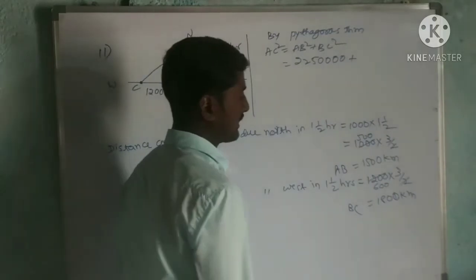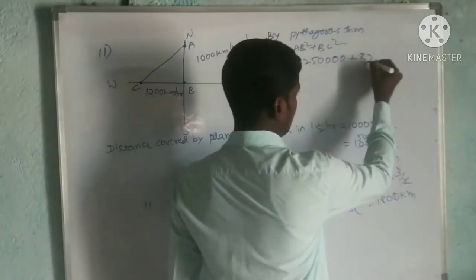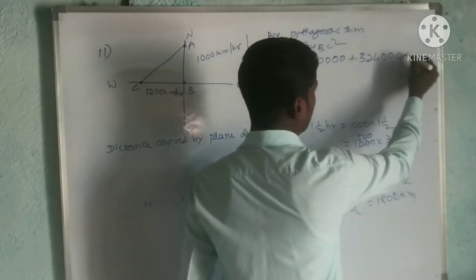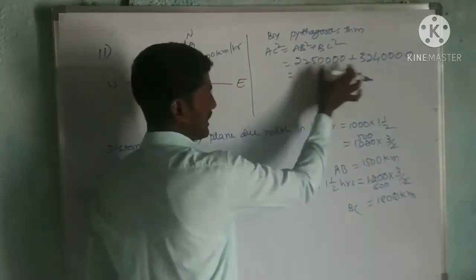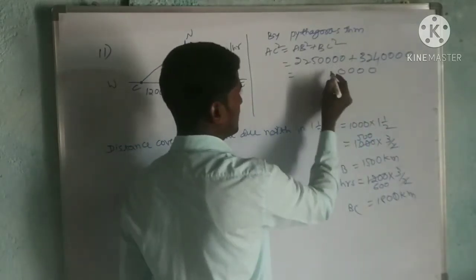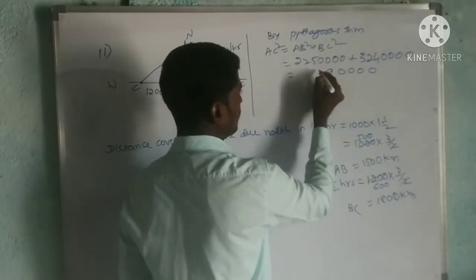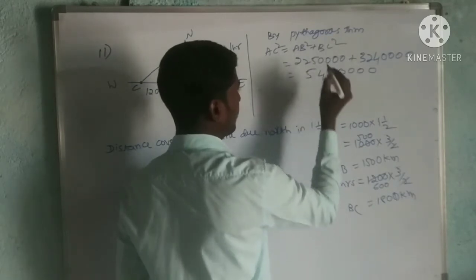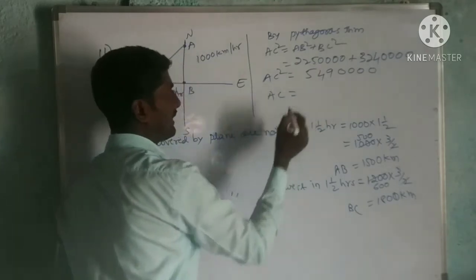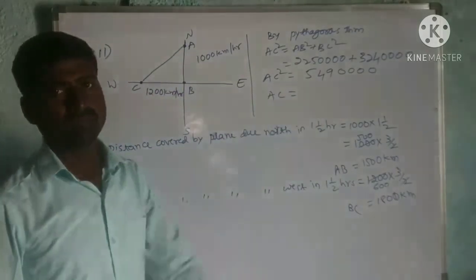Similarly BC square, 18 square, that is 324. Double zeros will become 4 zeros. So same number of digits, 4 zeros are there, 4 zeros first. 5 plus 4 is 9, 2 plus 2 is 4, 2 plus 3 is 5. So this is AC square. Now I want AC, means square root of this one.